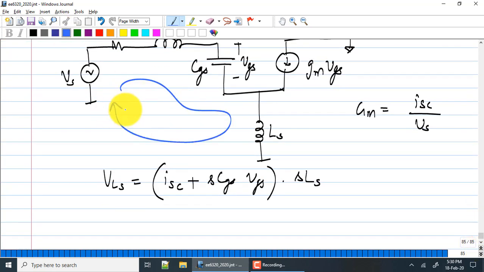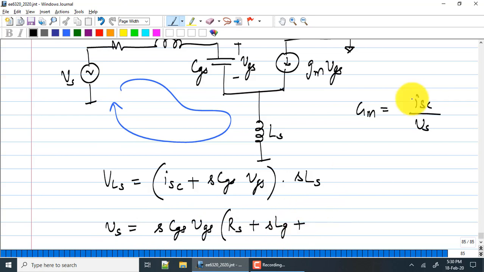We'll do the same thing, except now instead of 0 on the left hand side, you'll have Vs is equal to VGS into RS plus SLG plus 1 over SCGS plus VLS. Can you please do that now? In the next 2 minutes, I'll also do it. Why don't you folks also do it?